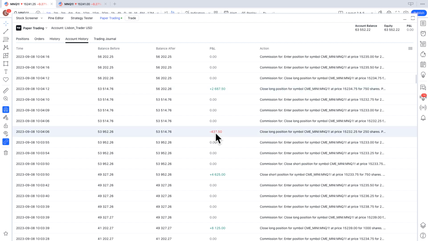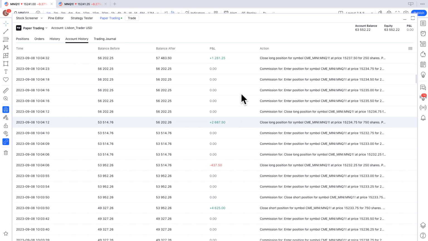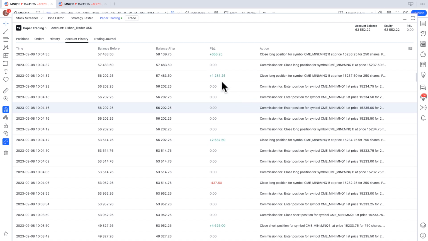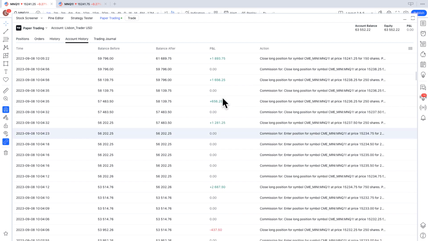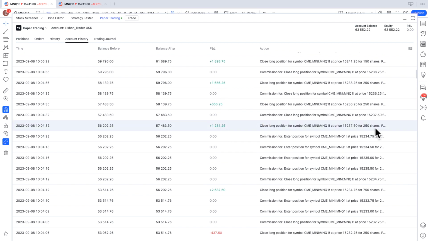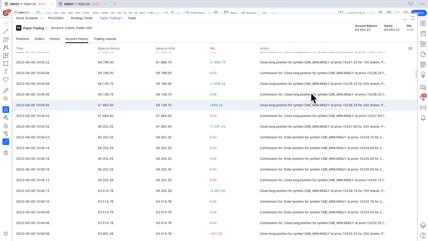Then we had a small loss here, something I bailed out. Yeah, this was at the very end of the trading session. So then we had 25 lots, start reducing the weight on the risk.